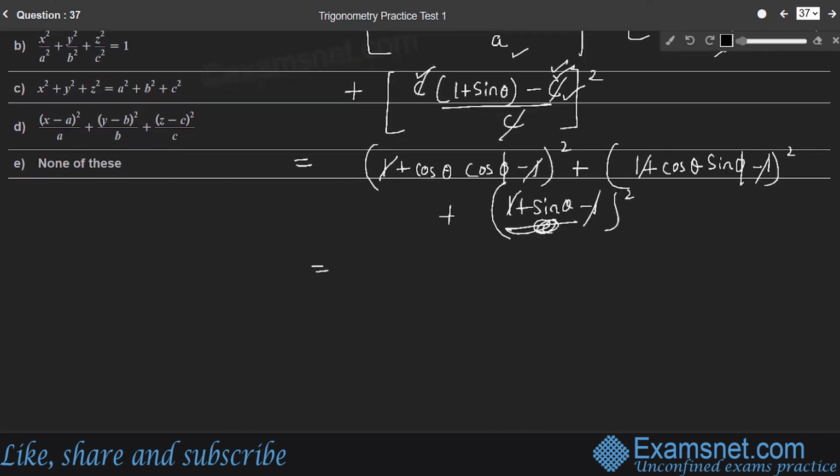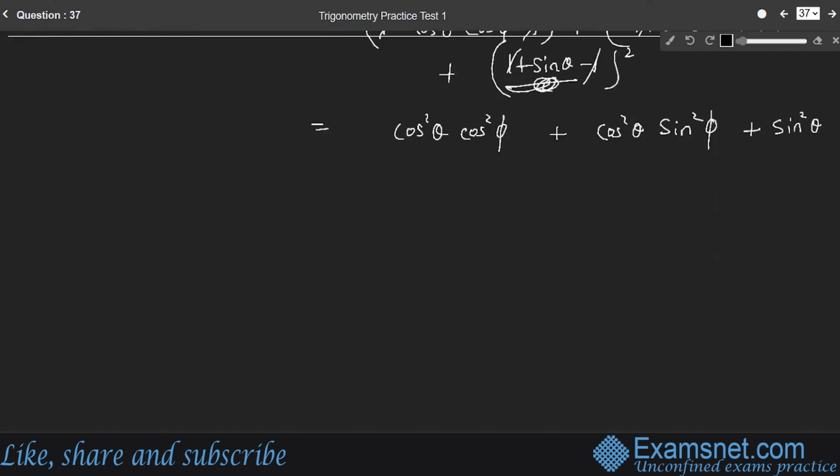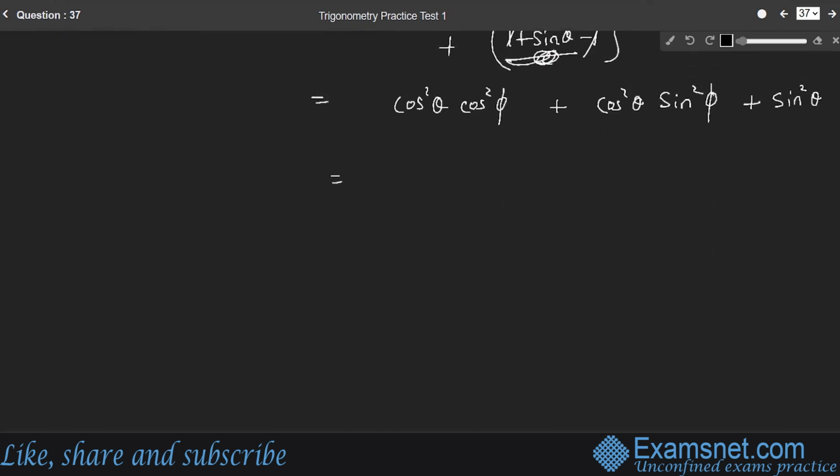Therefore, we have cos theta into cos pi the whole square, which is cos square theta into cos square pi. In the second term, we have cos square theta into sin square pi. And in the third term, we have sin square theta. Now, in the first two terms, we can take out cos square theta as common.